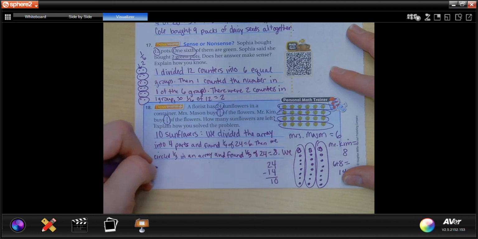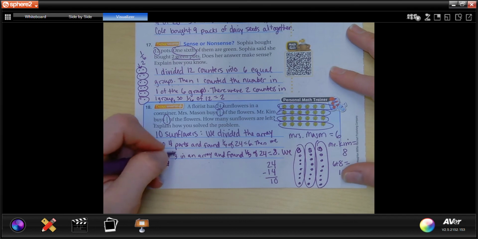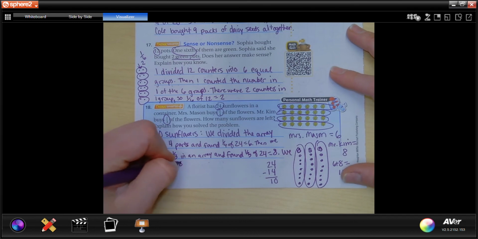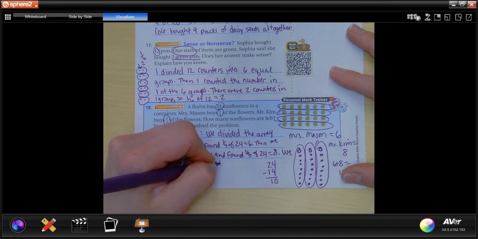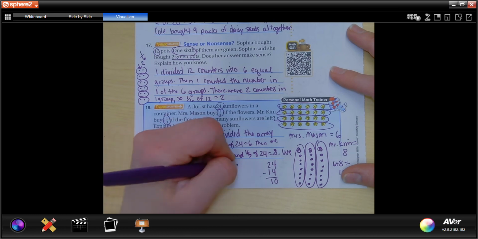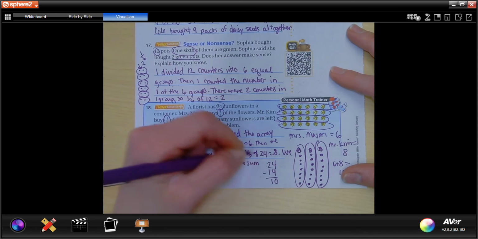We added 6 plus 8 and got 14, and subtracted the sum from 24.